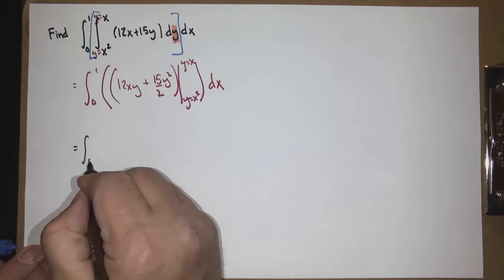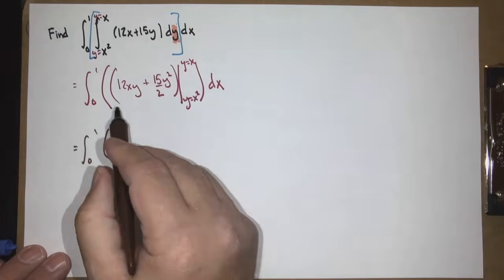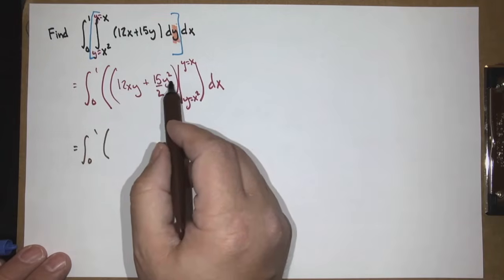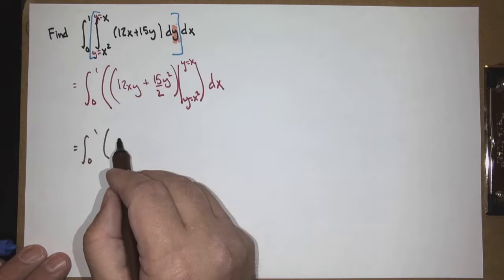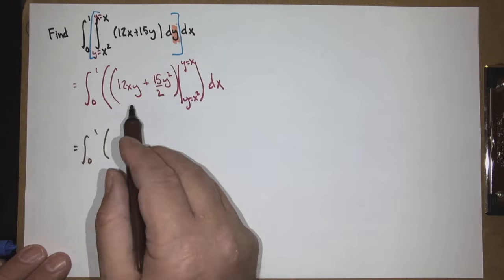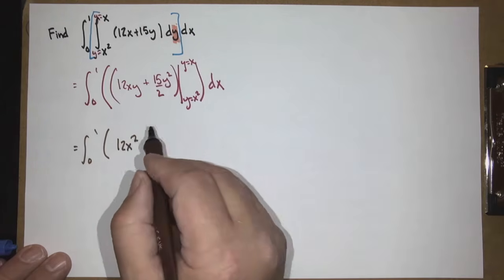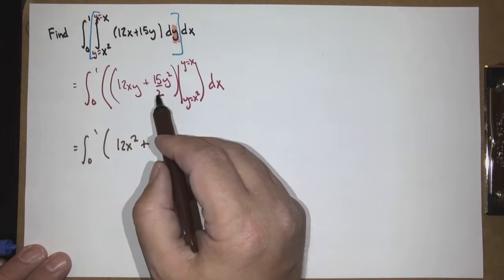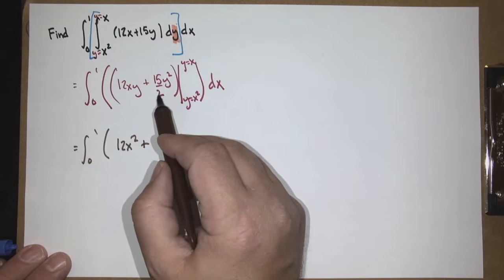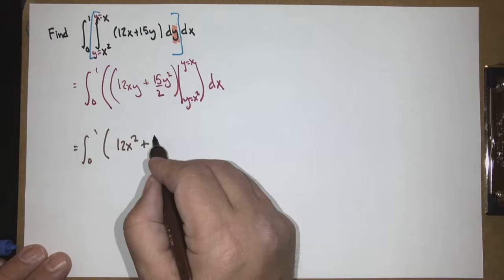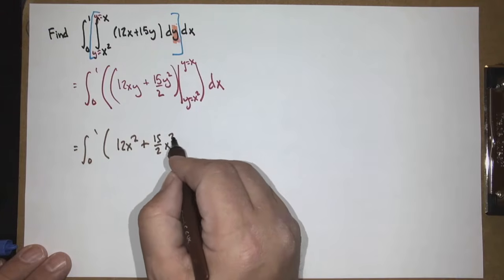All right, well, we plug in x. So everywhere where we see a y, we put an x. What does that give us? 12 times x, that's 12x squared, plus 15 over 2 times x squared, 15 halves x squared.